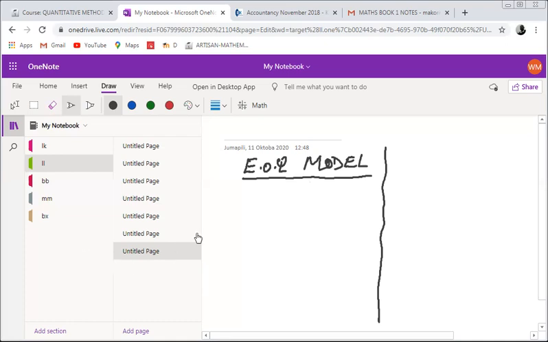This model states that the quantity we should order is given by the square root of twice times the annual demand times the ordering cost per order, over the holding cost per unit per annum.